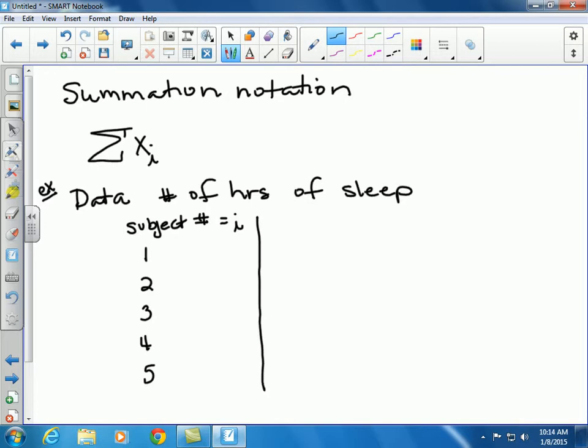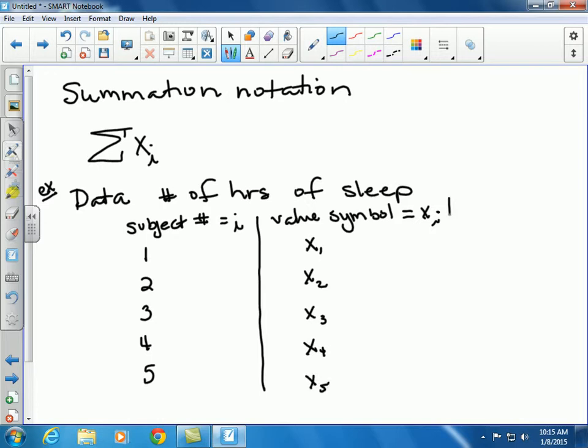Then we have what we call the value symbol. So the symbol that represents that subject's number, in general, that's going to be xi. So this is x sub 1, x sub 2, x sub 3, x sub 4, and x sub 5.